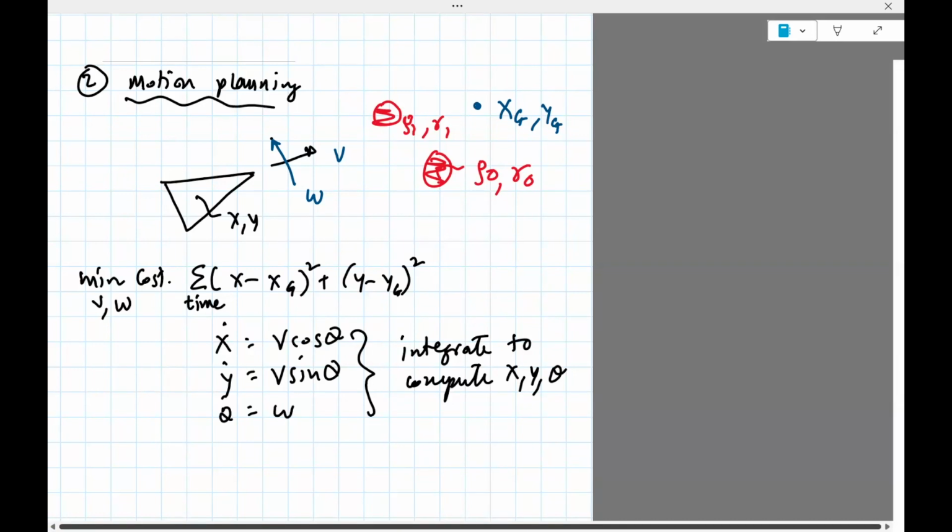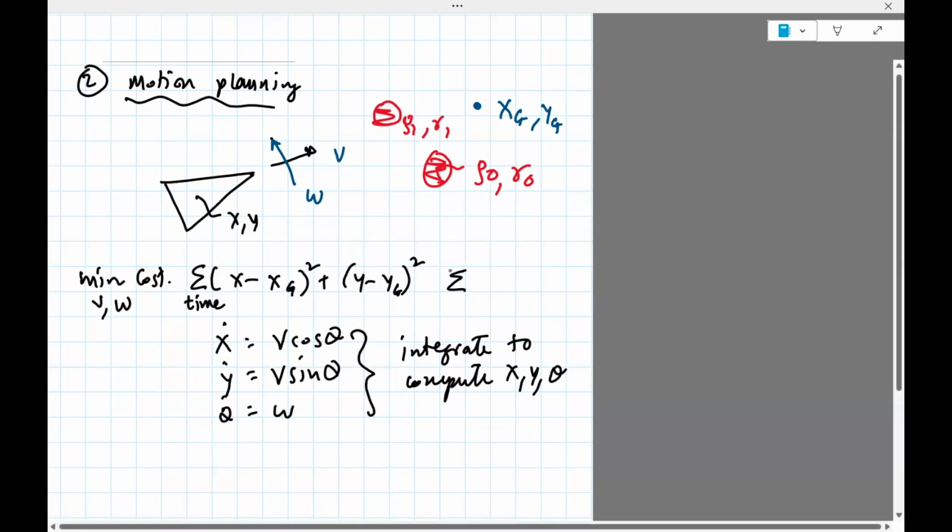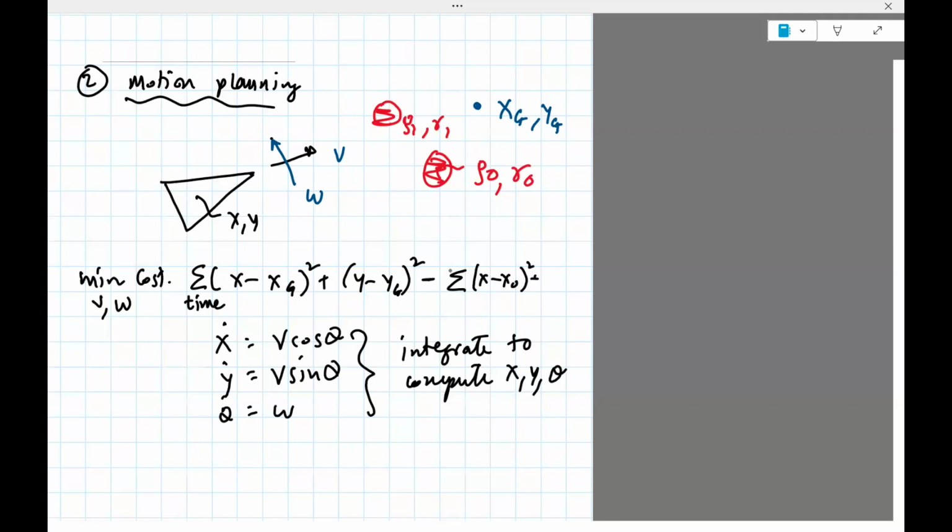Now, this cost only tells you to go to the goal, but what if you meet an obstacle? So you can add a cost. This one gets you to the goal. If you want to be away from the obstacle, you take this cost minus R0 squared. So this is a cost of getting inside one of these red circles, and you want to negate that, so that you're trying to go as far as possible from it.